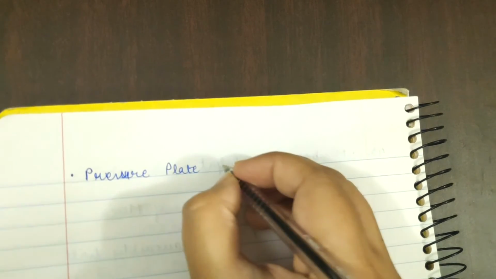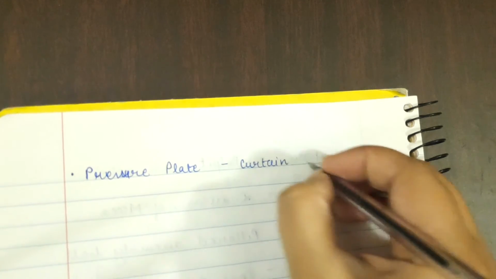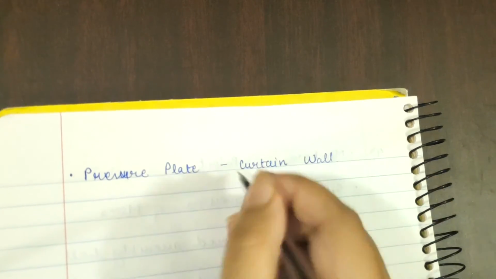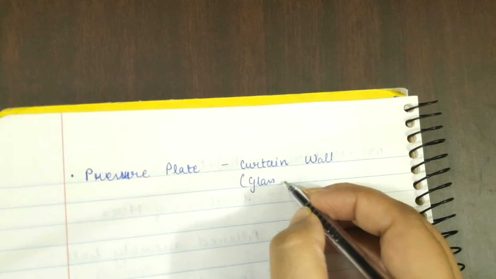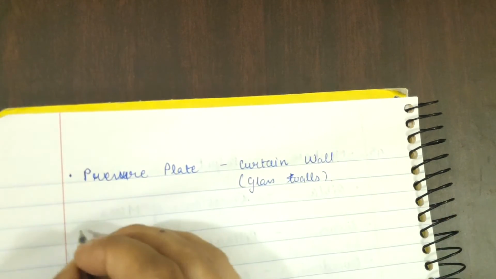Then you have pressure plate, which is used in curtain wall. Curtain wall is basically glass walls. Then you have base plate.